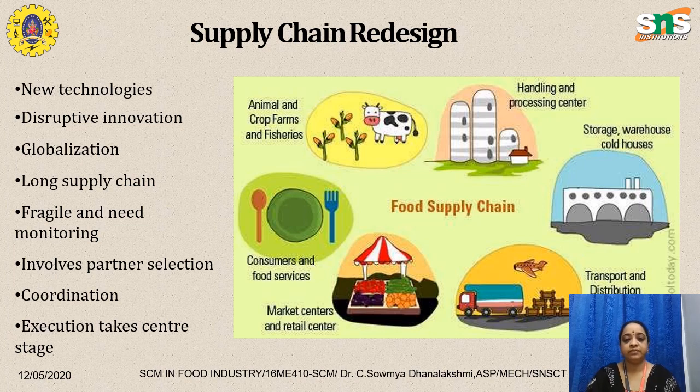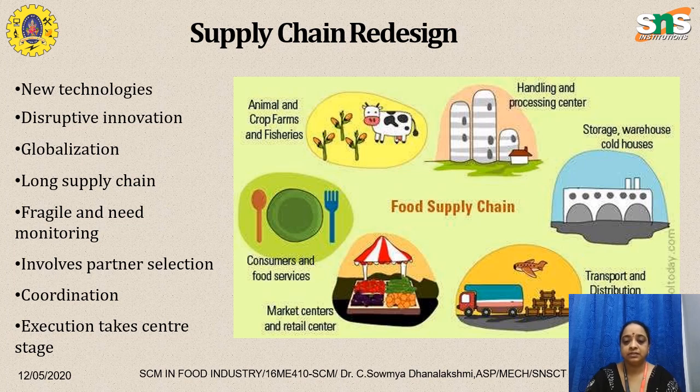Whenever a supply chain is redesigned for a food industry, these things need to be taken care of: new technologies, disruptive innovation, globalization, long supply chain, fragile products needing monitoring activities, and partner selection, coordination and execution take center stage. These are some common points to be considered.